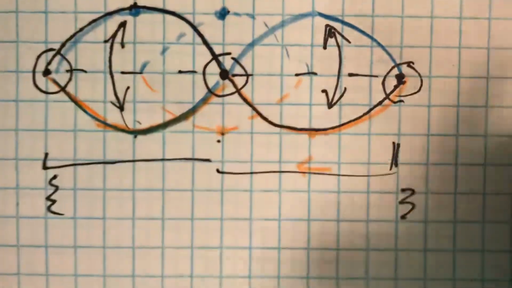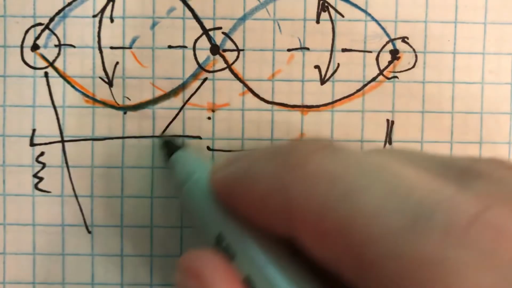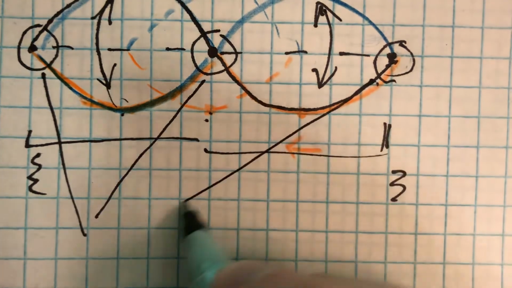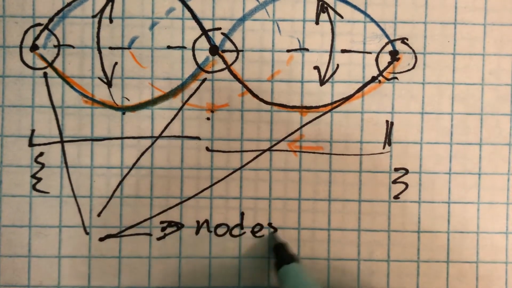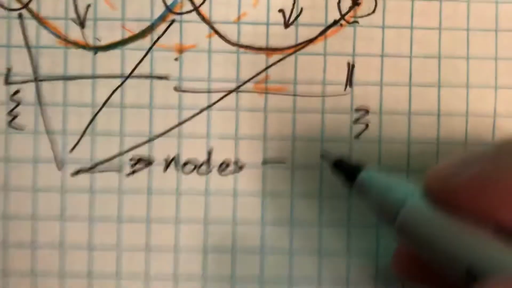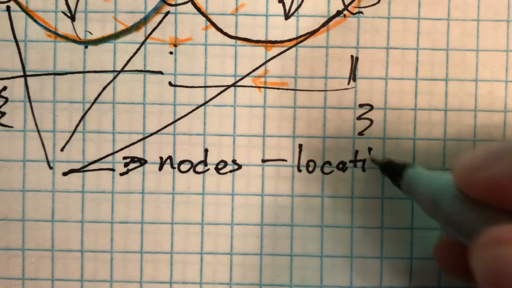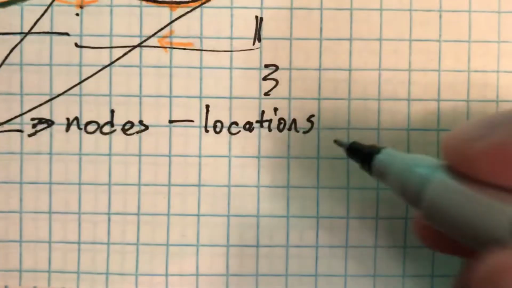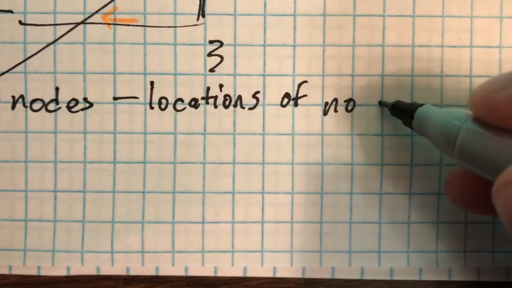So what I'm going to do is point at them and bring them down here. Those are called nodes. They're points of zero displacement, or locations of no amplitude.